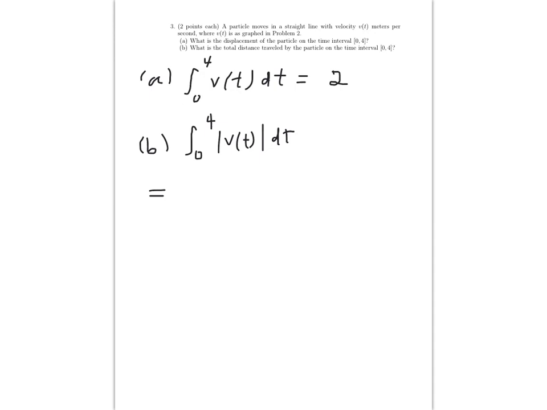So if you wanted that area, what you would do is add together the areas of the 2 quarter circles. So the 2 quarter circles each are of area pi over 4. And then you would have the area of the rectangle, which is of area 2. And you add those together and you get pi over 2 plus 2. So I guess it's calling for displacement and distance, so we should give some units. Here the displacement is 2 meters and the distance is pi over 2 plus 2 meters.